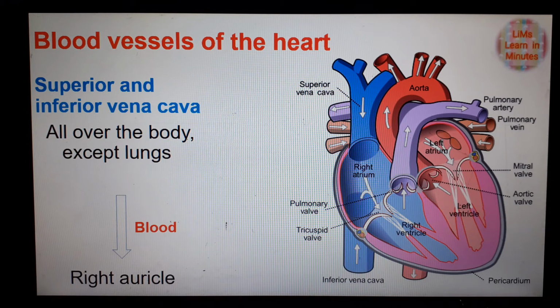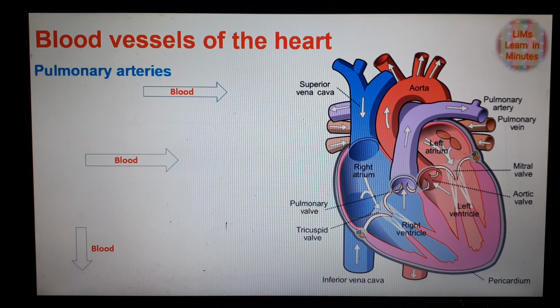The diagram shows the direction of blood flow by the arrows. This diagram is about circulation of blood inside the heart.